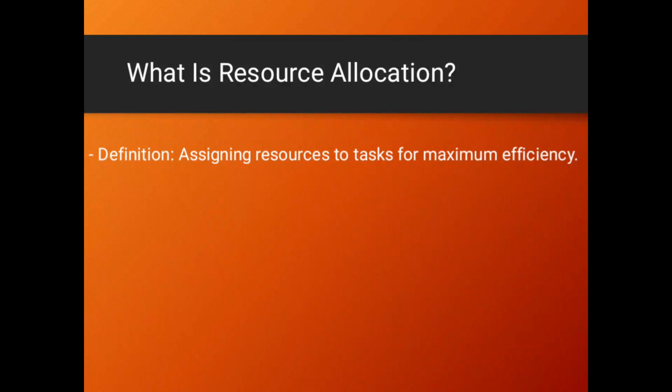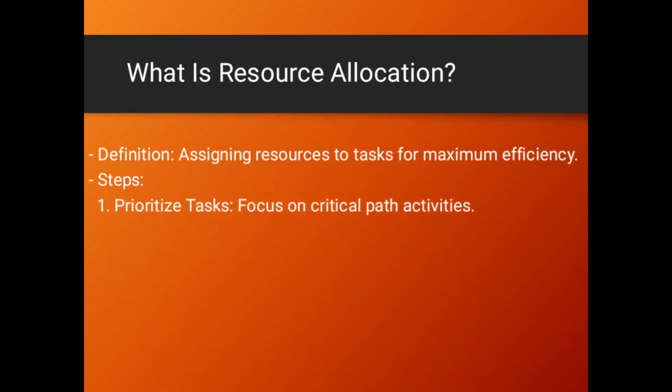What is resource allocation? This simply means putting resources on various tasks in a particular project for maximum efficiency. Steps: number one, you need to focus on those particular tasks which are found on the critical path, because those ones are going to determine the minimum number of days you are going to take to execute that project.